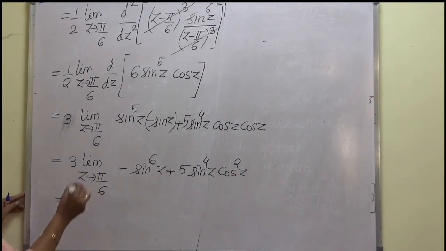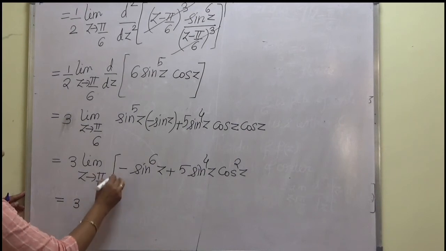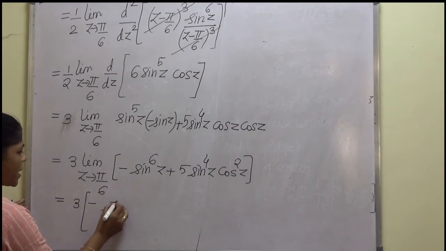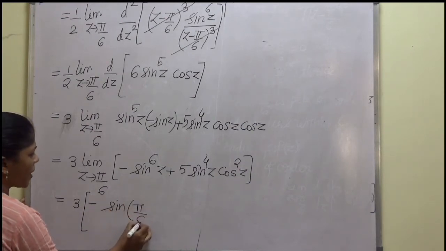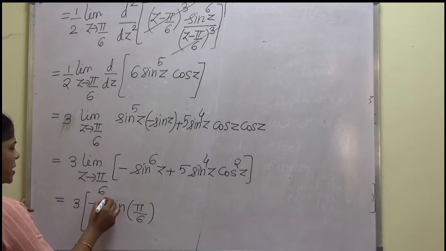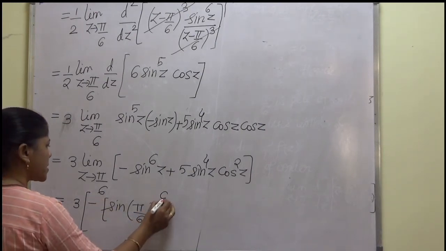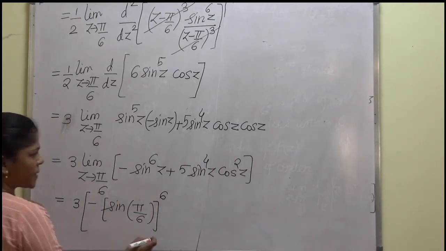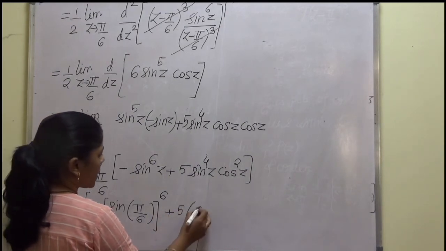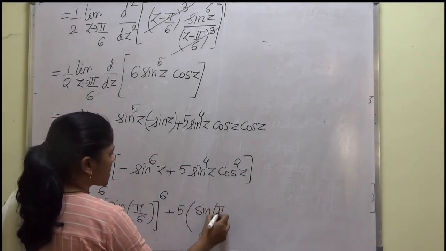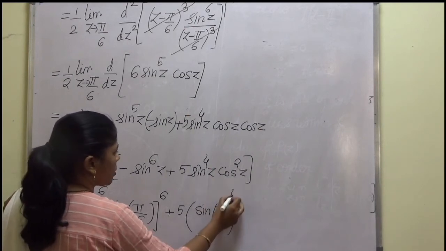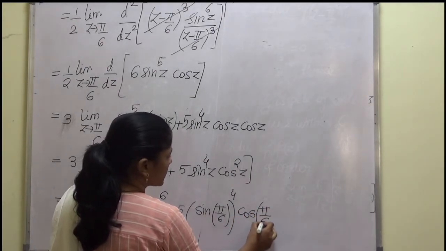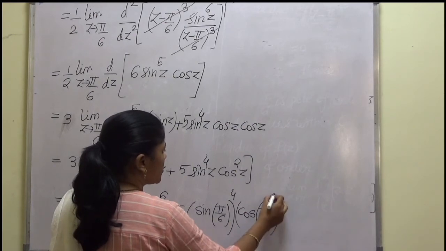Now just apply the limit. Put z as pi by 6. So it is 3 times minus sin of pi by 6 to the power 6, plus 5 times sin of pi by 6 to the power 4 and then cos of pi by 6 to the power 2.